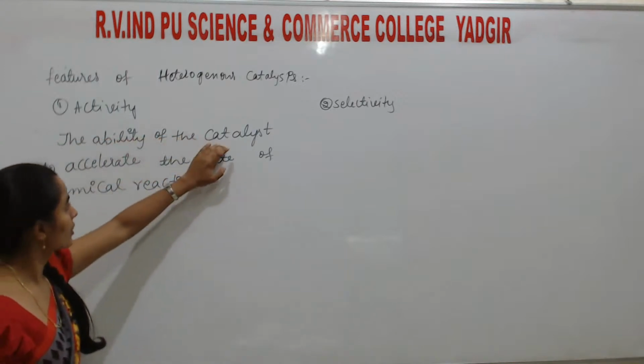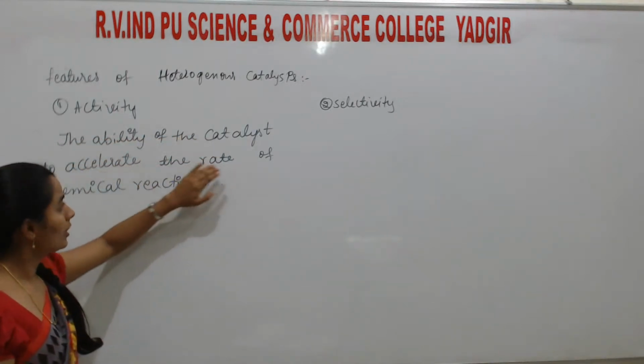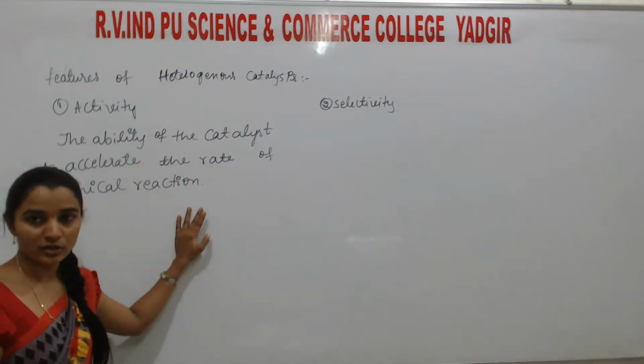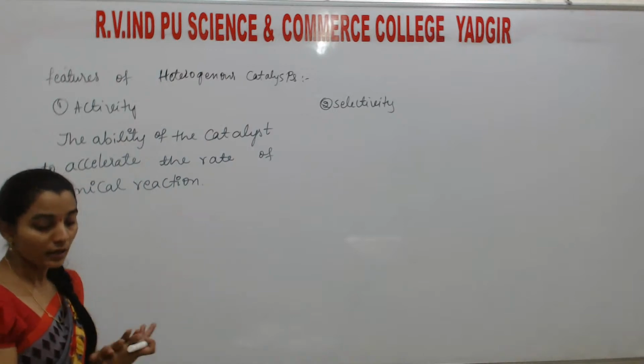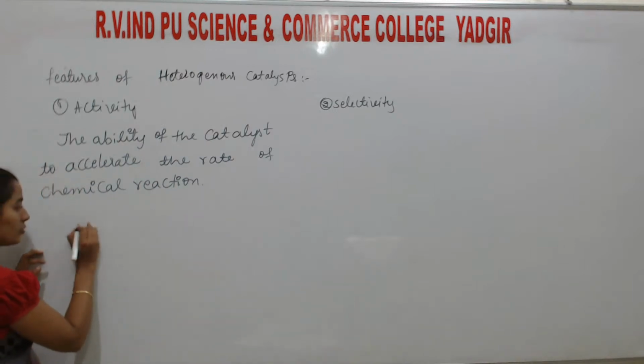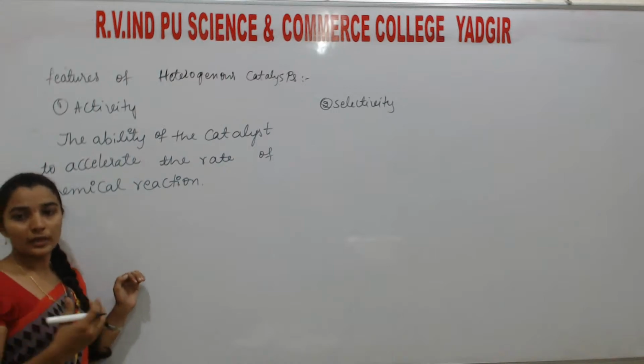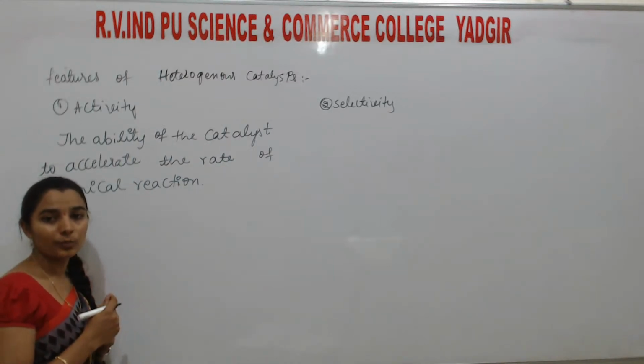The ability of the catalyst to accelerate the rate of chemical reaction. Understand? So students, you know, almost the D block elements exhibit catalytic property.